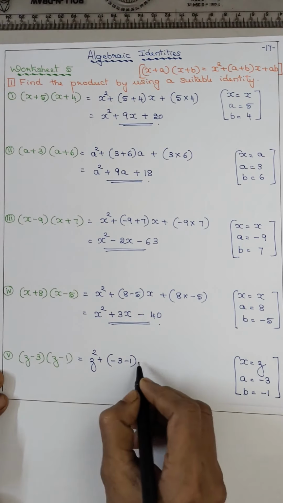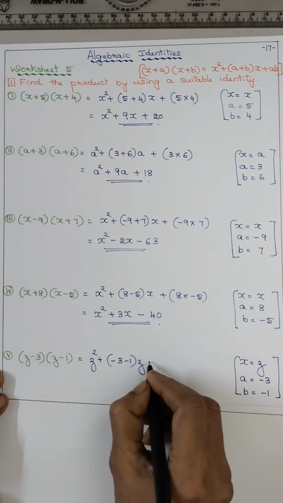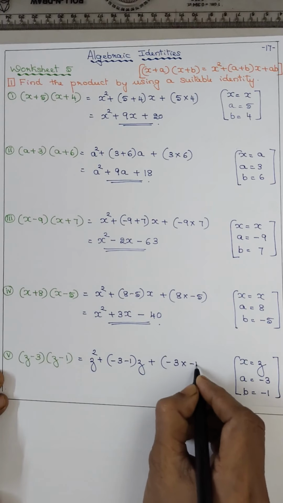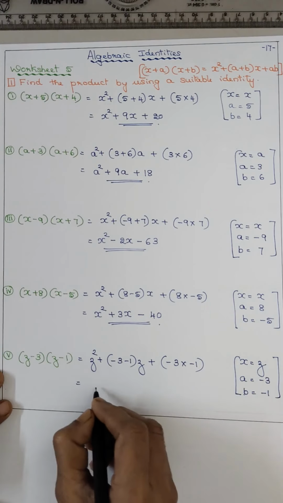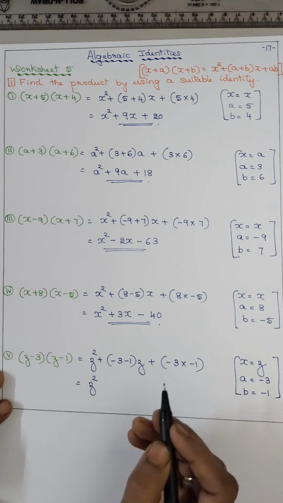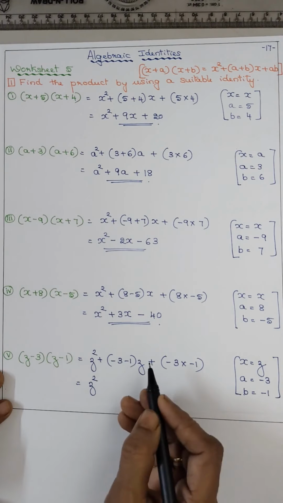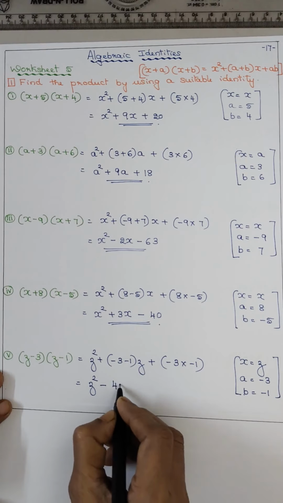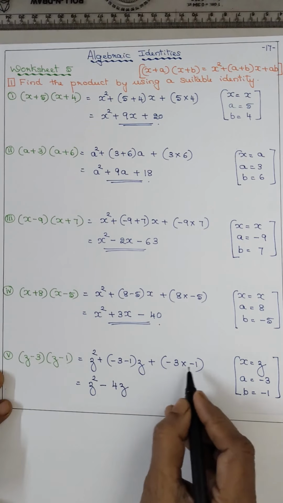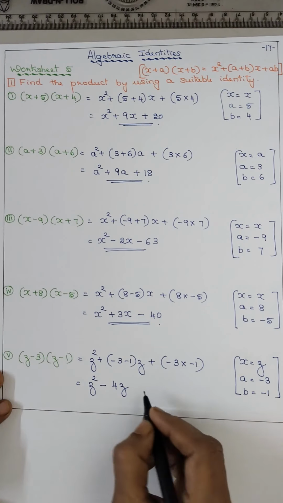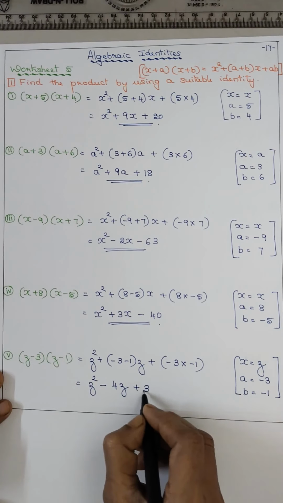Into x, that is z, plus ab, minus 3 into minus 1. This will be z². Signs are same, so you have to add. You look for the sum, that is why add, but the signs are negative. So minus 3 plus 1 is 4, 4z. Signs are same in multiplication, so it will be plus. 3 1s are 3.